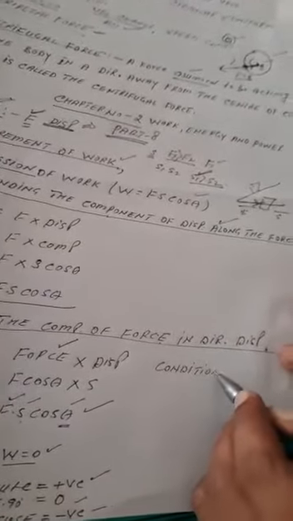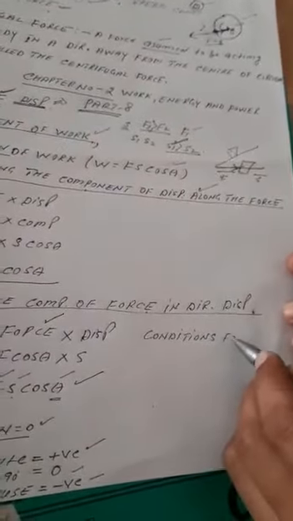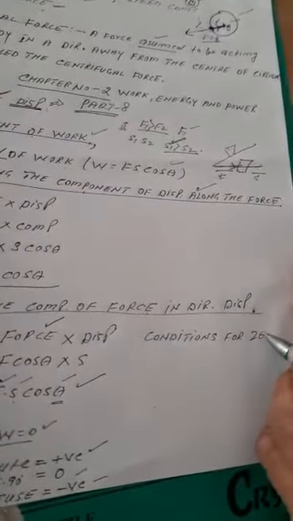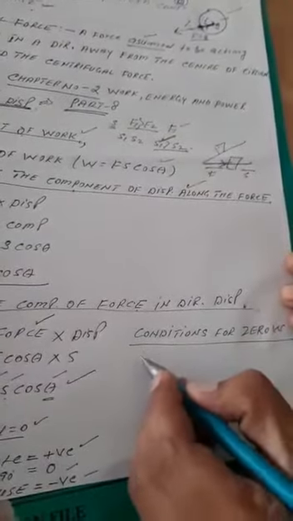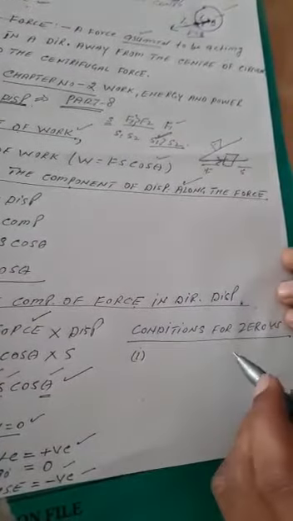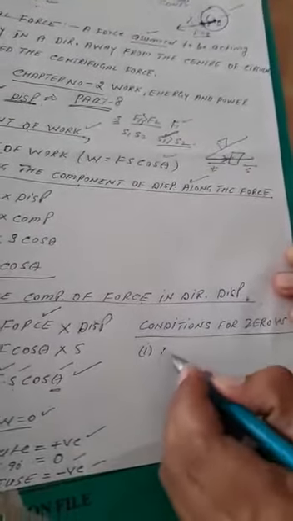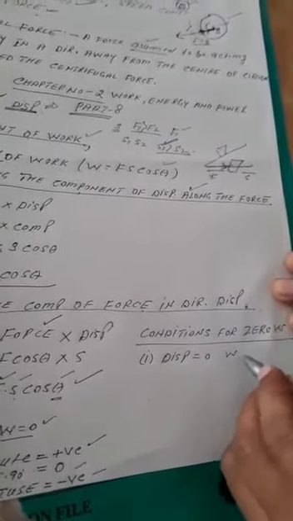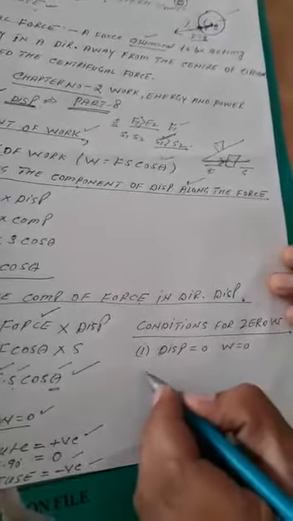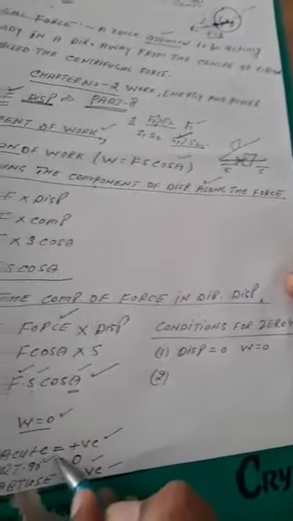So first of all we will discuss the conditions for 0 work done. Now conditions are, first condition as I have told you already, that is if displacement is 0, work done will also be 0. Second condition is this one.